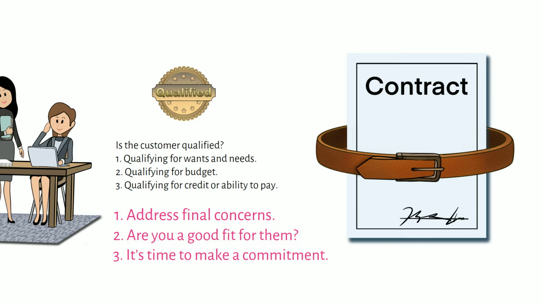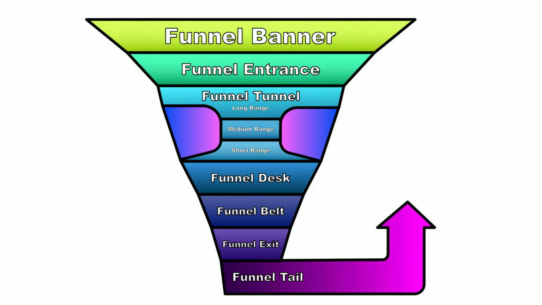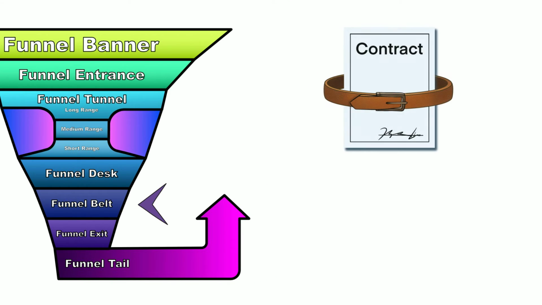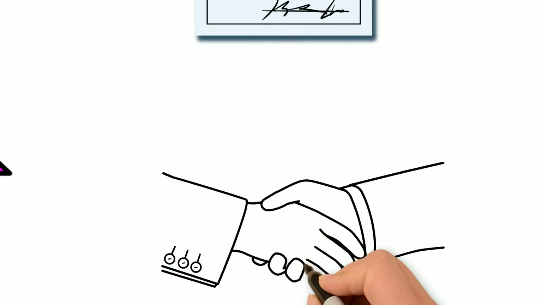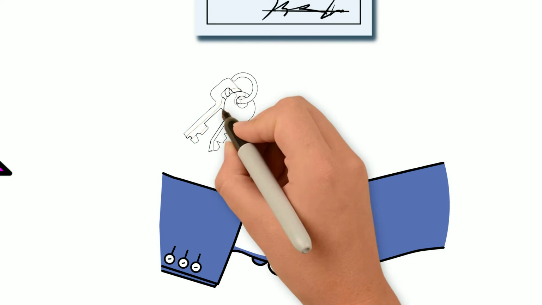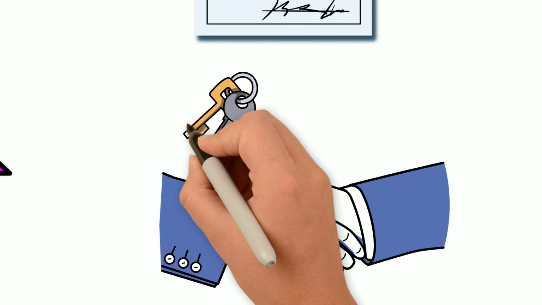Number 5. In a services and agency-related industry, the category named Funnel Belt refers to the stage of the sales funnel where the customer and the business are now bound by contract, and the promises made by the business as their offer, and what the customer offered as consideration must be tendered. This stage involves all the activities that lead up to the close of the deal and the delivery of the final product or the result of that service.